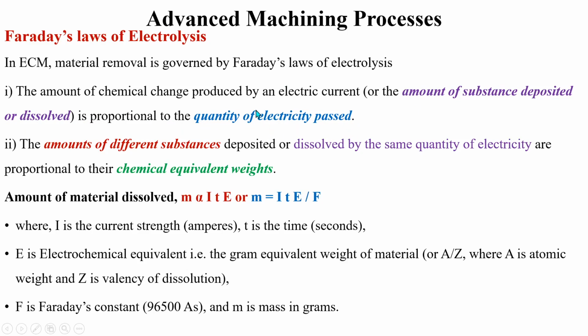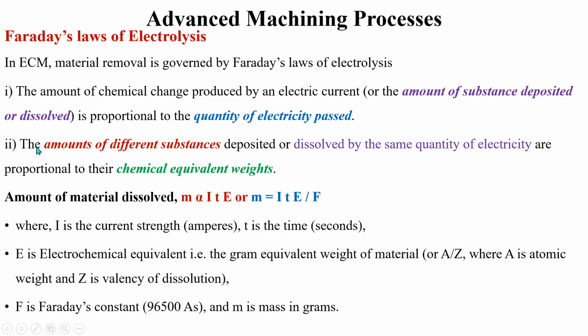That is, if the quantity of electricity is higher, then the amount of substance dissolved during the electrochemical machining process will be higher. If the current increases, the amount of substance dissolved will also increase. This is the first law.